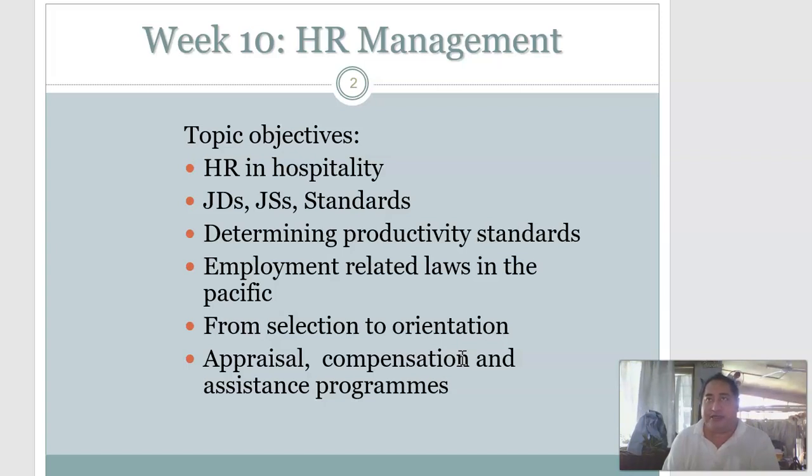Job specification is basically the skills, abilities, experience, and qualifications that will enable a person to do a particular job. For example, what is a job description for a food server? One of the job descriptions for a food server is to set a table, a very simple one. Knowing the sequence of service, how to clear a table, how to take an order correctly.